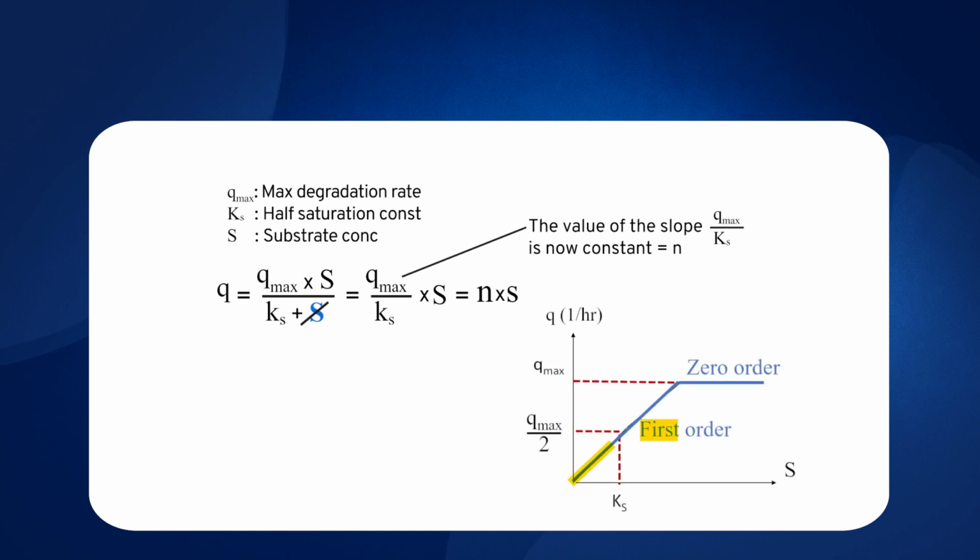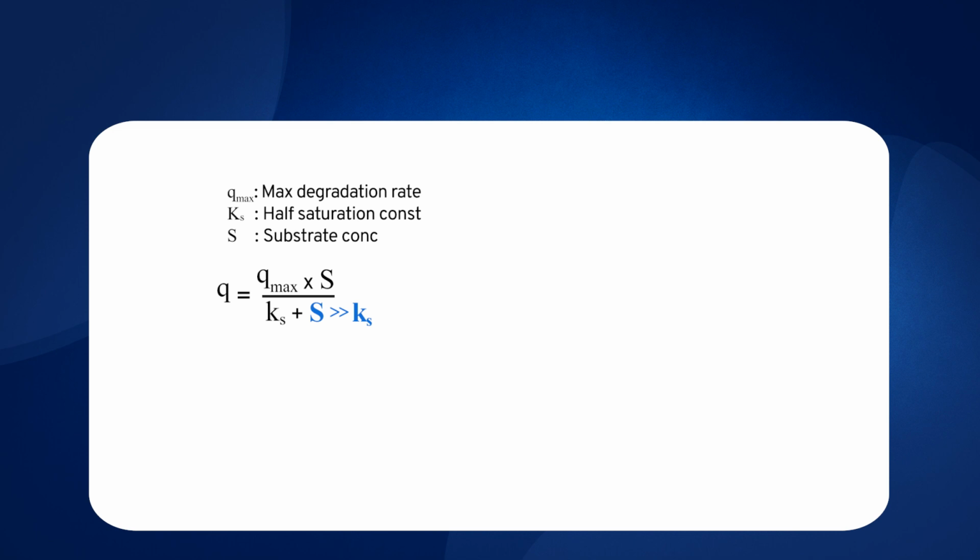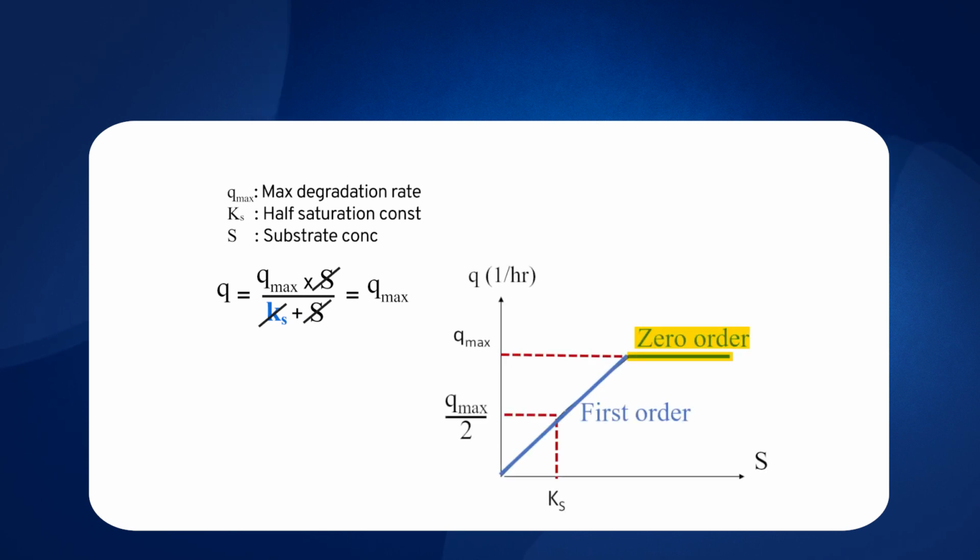Or in other words, it follows first-order kinetics. And when the substrate concentration is higher, Ks can be neglected, and the rate is constant and equal to Qmax, thus following zero-order kinetics.